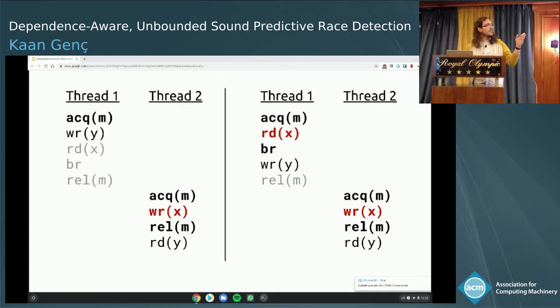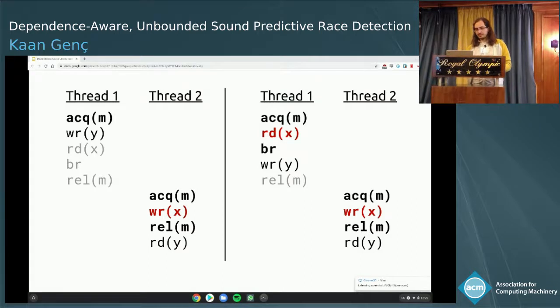However, on the right, that branch event is before the racing event, write Y. So it is actually important. If we try to predict a different execution, that branch might lead the execution in a different direction. That write Y might not execute at all. We can't give any guarantees in that case.